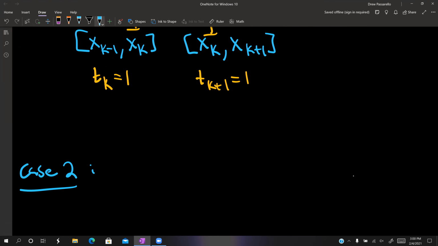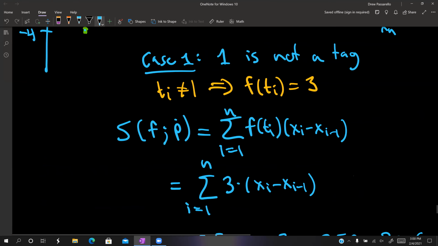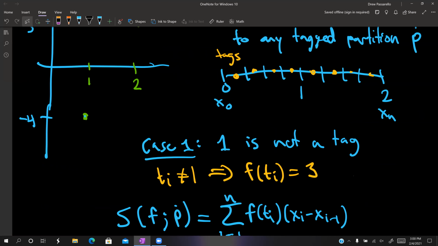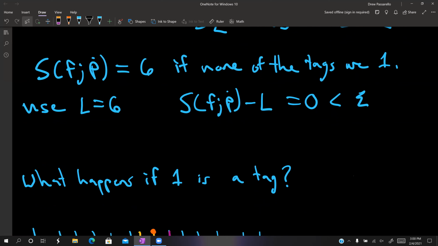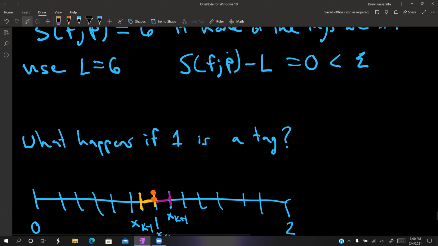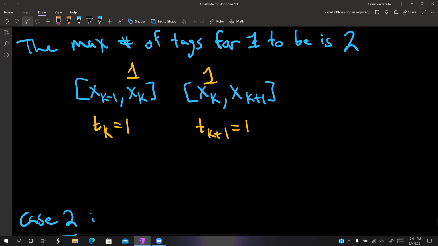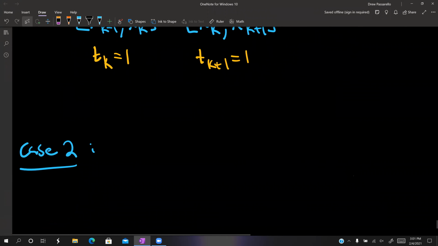So we covered case 1 where 1 is not a tag, and that came out nicely because that's like our constant function example before this. Now we're going to handle what happens when 1 is a tag. It could be 1 tag could be 1, or 2 of the tags could be 1. So I'm going to handle the case where 1 of the tags is 1.